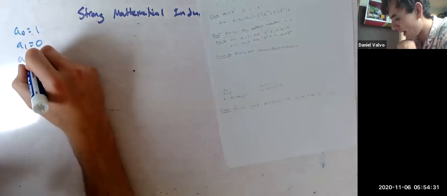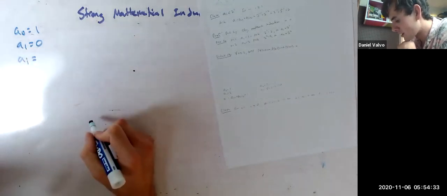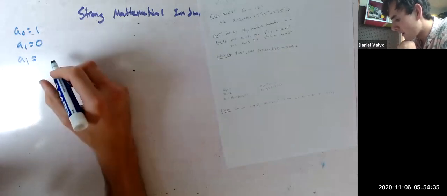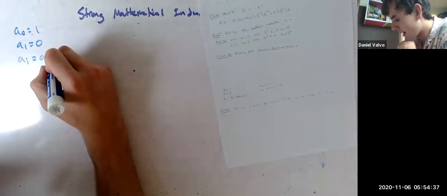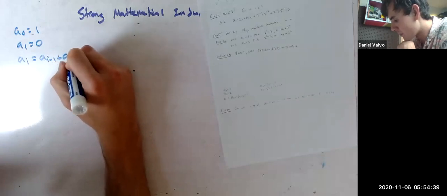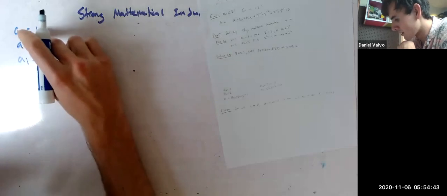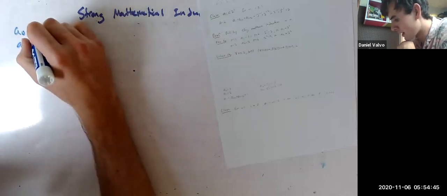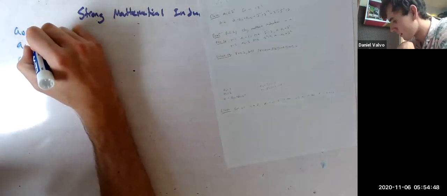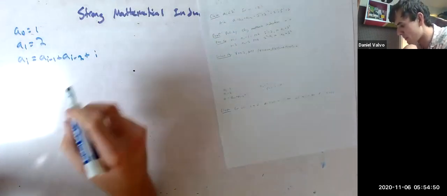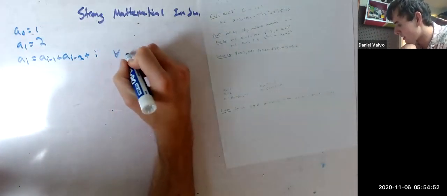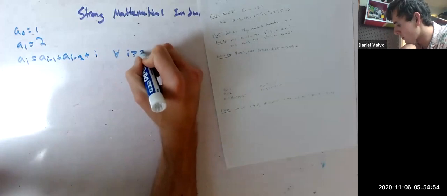And then we're going to have Ai equal to A(i-1) plus A(i-2). Actually, I'm sorry, I wanted to have 1 and 2 here. There we go. Ai equals A(i-1) plus A(i-2) plus i for all i greater than or equal to 2.